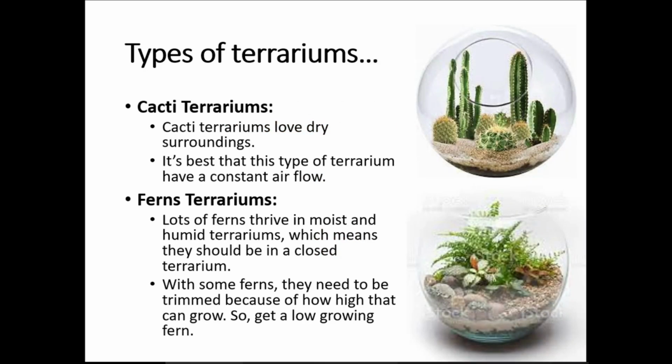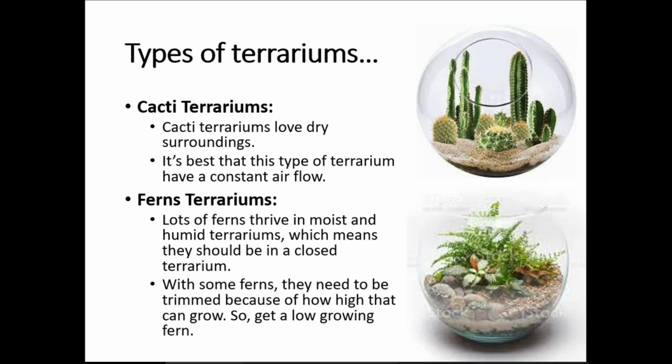Why do they go for a cactus terrarium? Because they allow dry surroundings, so no need to take much care. Suppose you go to fern terrariums, we are using only fern species, another group of plants. They are moisture loving plants, so we have to take care. We need to keep it in a place with good lighting.